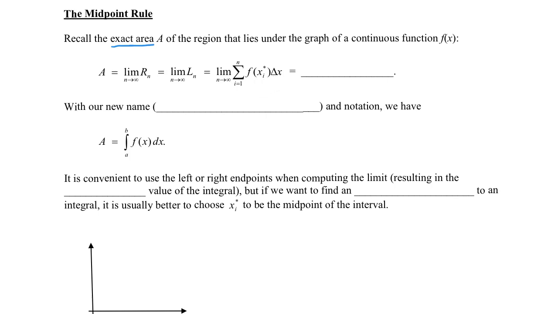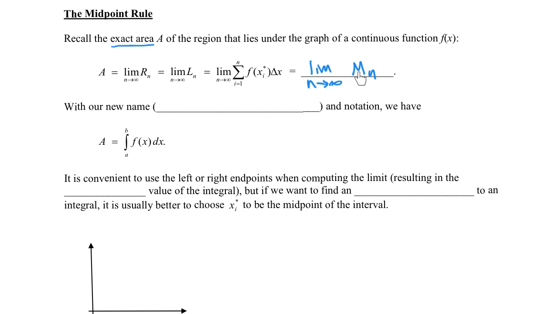Then there's another one that we didn't talk about, but it also holds true, and that is the limit as n approaches infinity of m sub n. So this is just saying the midpoint, right? Right endpoint, left endpoint, any point, midpoint.